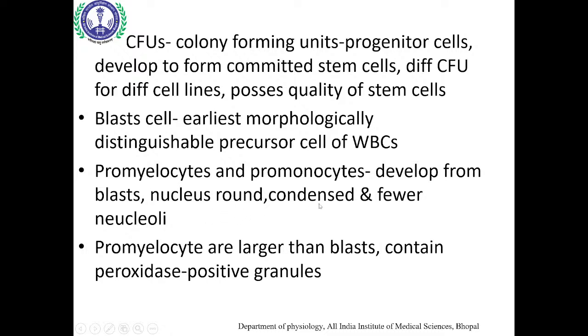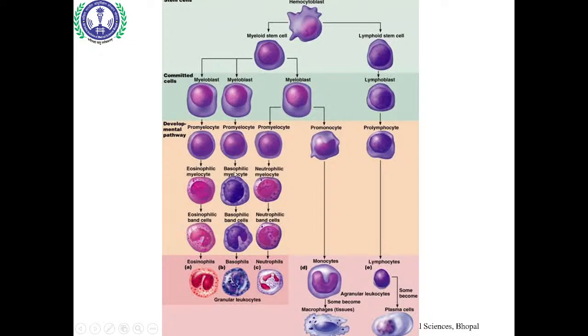Nucleus is round, condensed, and fewer nucleoli are there. These promyelocytes are larger than the blast cells and contain granules which are specific for different types of granulocytes. In general, these are the myeloblasts. Once these committed cells have been formed, they will form the promyelocytes of different lineages.